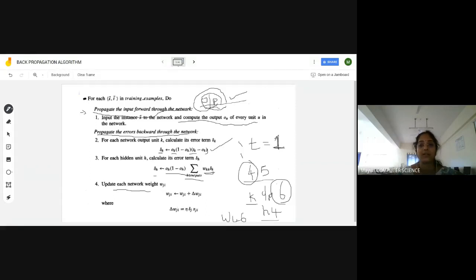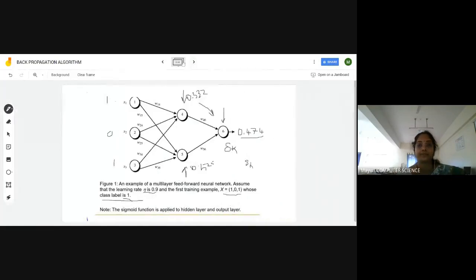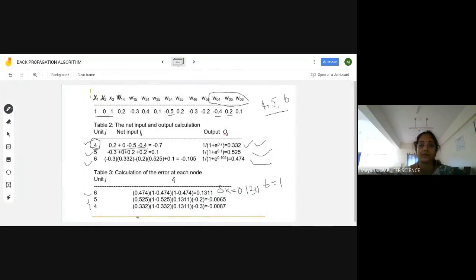And then what is del K? Del K is nothing but the error which you have calculated at your output just before. The same formula: output into 1 minus output. What is the output you have calculated at 4? 0.332 into 1 minus 0.332. You could see that.